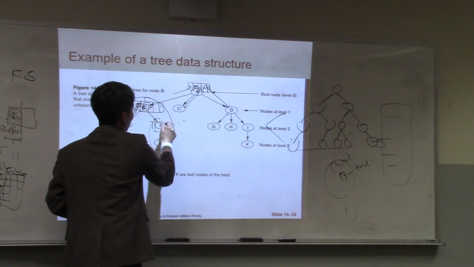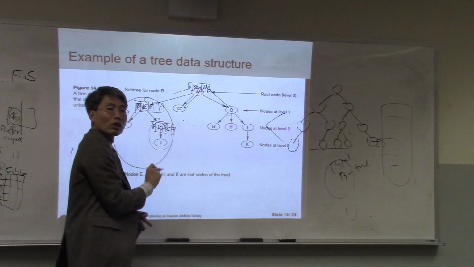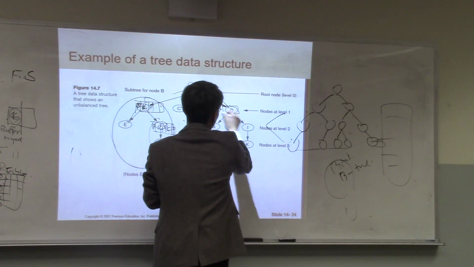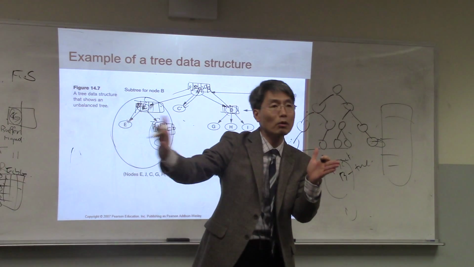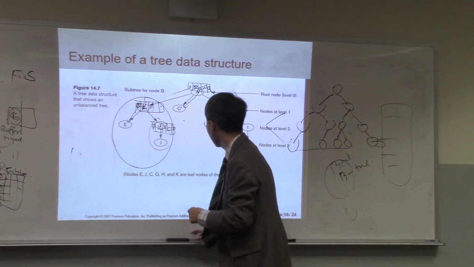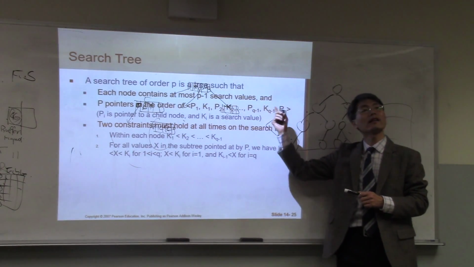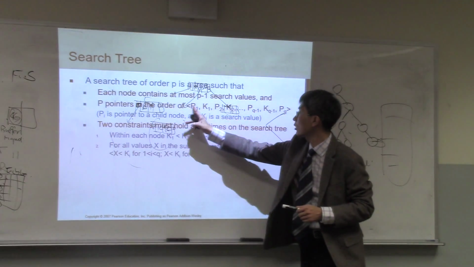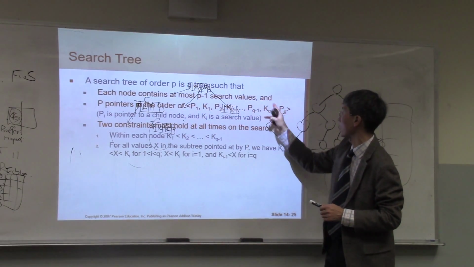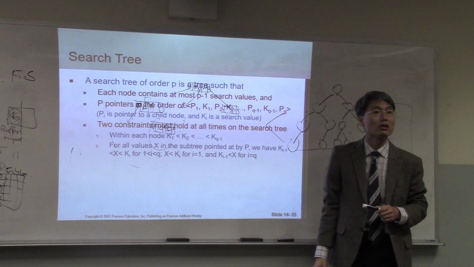F has the same thing: pointer, key, pointer, key, pointer. And this one, same thing. You can generalize the number of keys and the number of pointers. However, the number of keys is always 1 less than the number of pointers, right? Because of child pointer, child pointer, child pointer, and in between we have key entries. So that is a search tree.